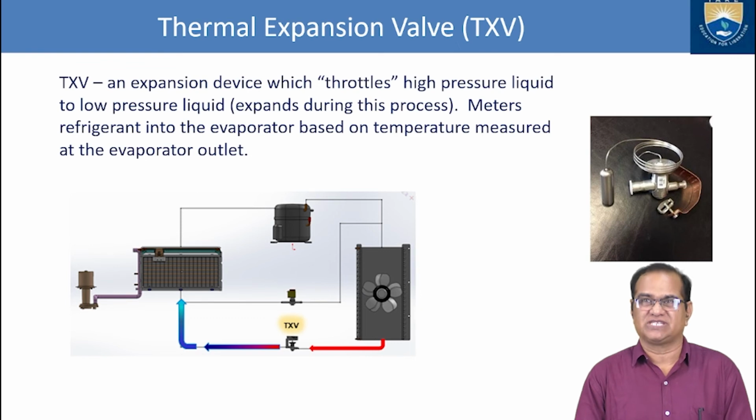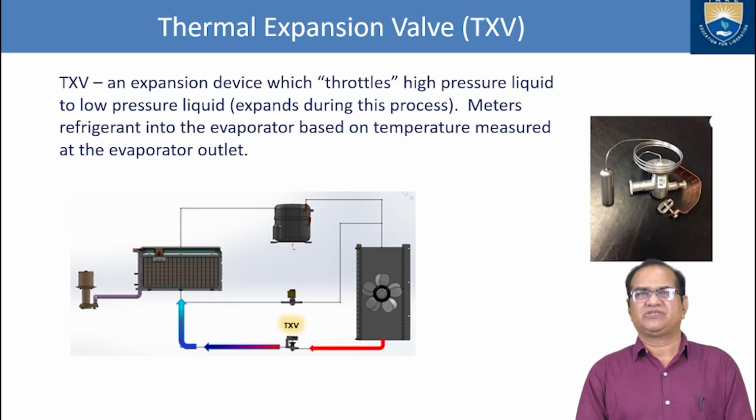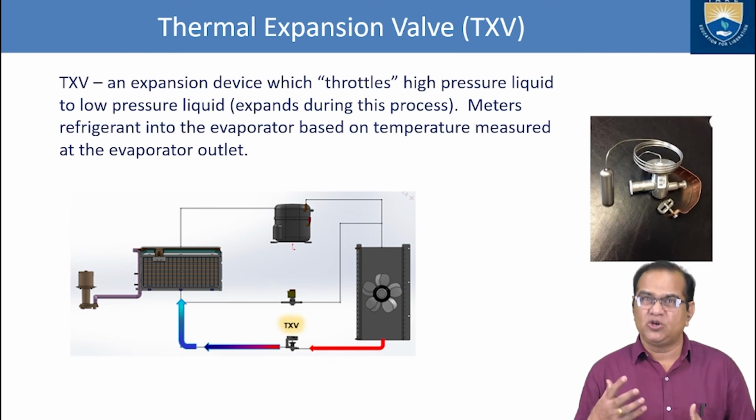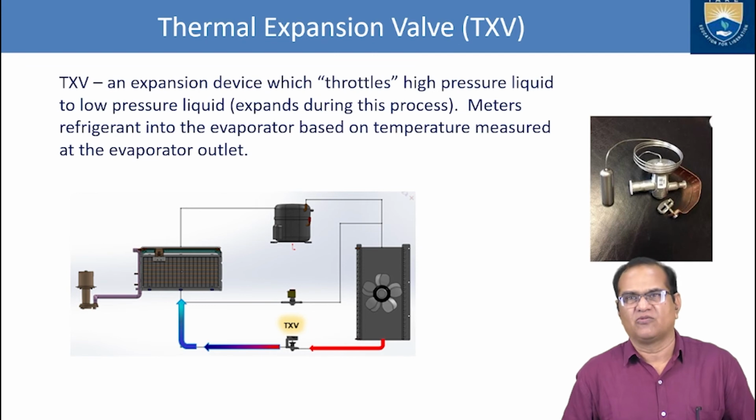Expansion during this process meters refrigerant into the evaporator based on temperature measured at the evaporator outlet. Expansion is taking place, and due to this expansion, the temperature is also falling.